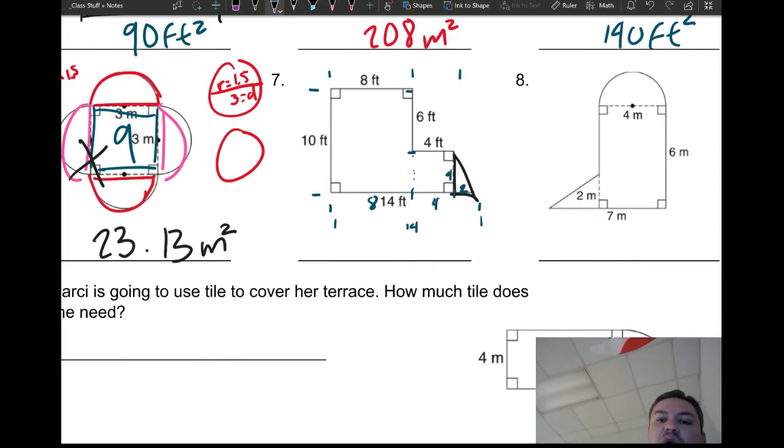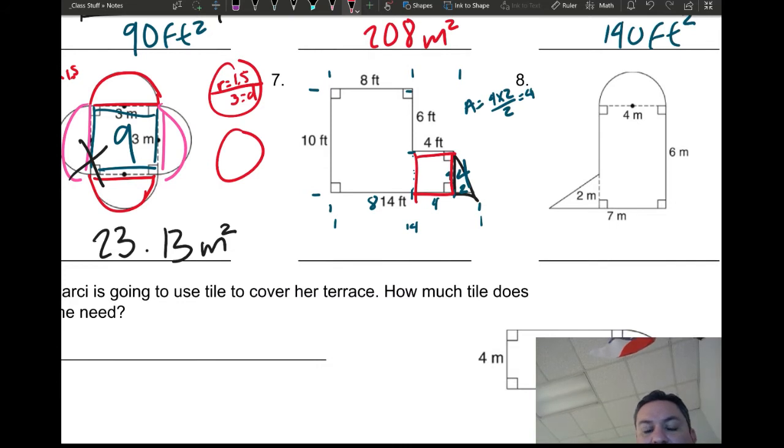So for my triangle, base times height divided by 2. 4 times 2 divided by 2, that's 8 divided by 2, which is 4. Now for the next one, we have a square right there, which is a 4 by 4, which is 16.